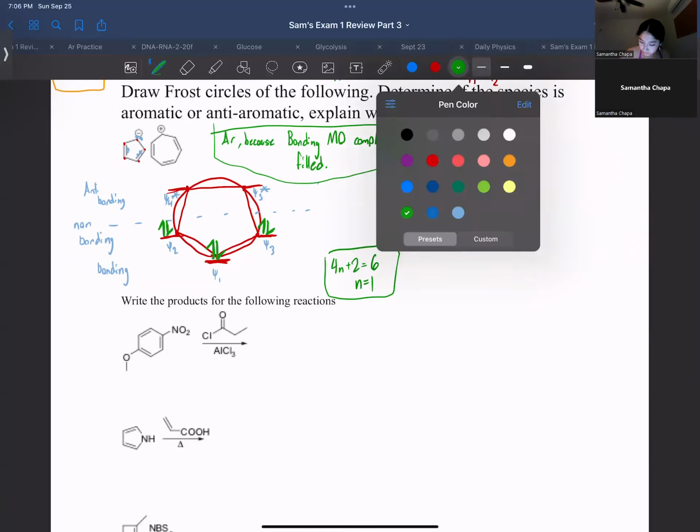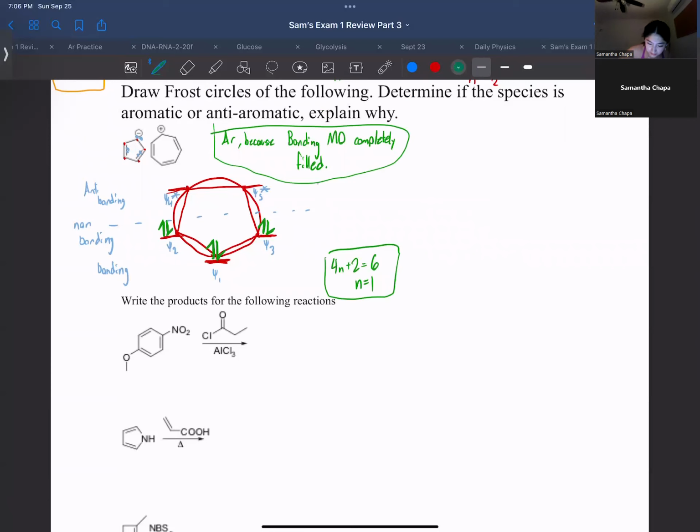Then I'm going to do another circle. This one's going to be a little harder though, because I think these are 7 edges. 1, 2, 3, 4, 5, 6, 7. Okay. Draw my circle. Make sure that one of the dots hits the bottom. So 1, 2, 3, 4, 5, 6, 7.